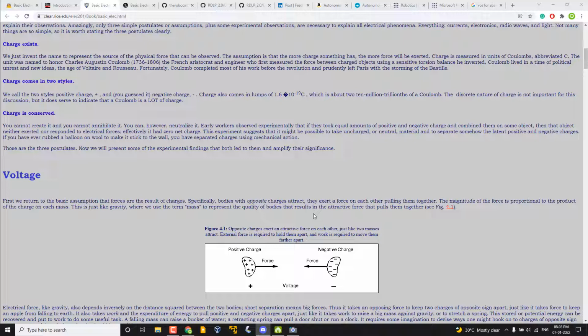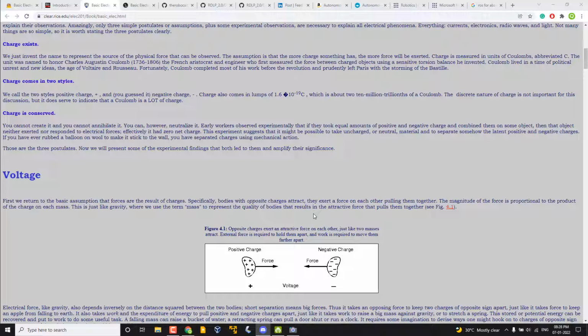Whenever there is a group of positive charge and a group of negative charge, the positive attracts the negative, right? So this group of positive charge and group of negative charge create an attraction. When you put the positive and negative, it will attract.